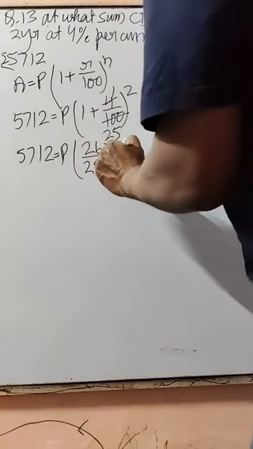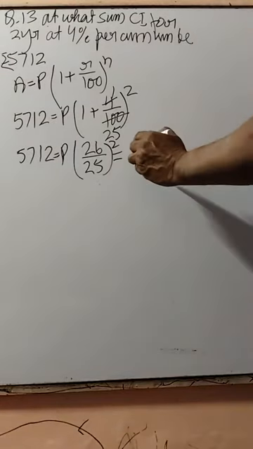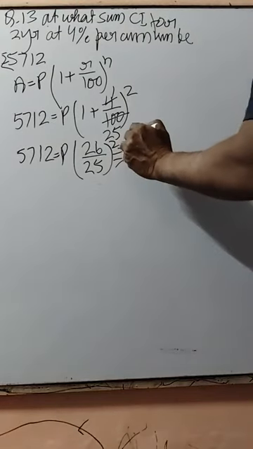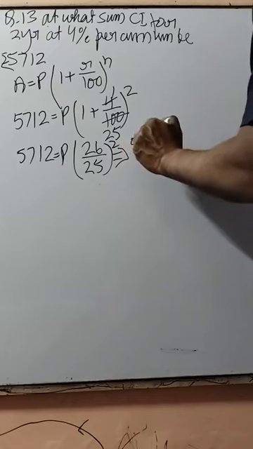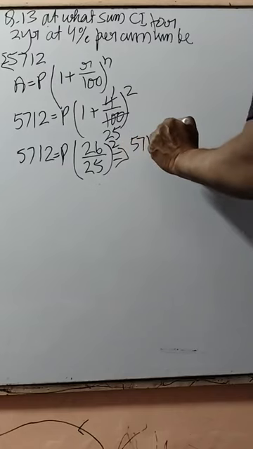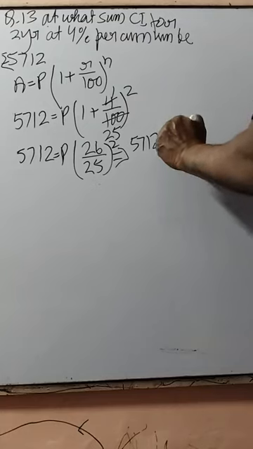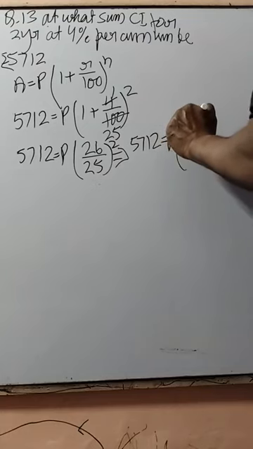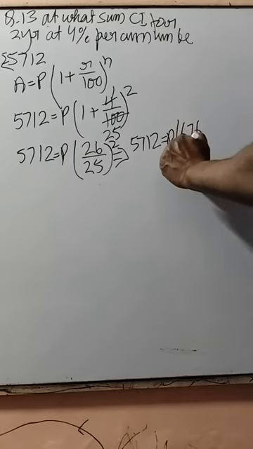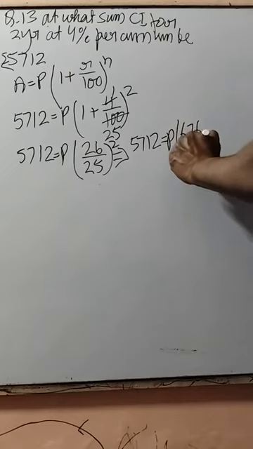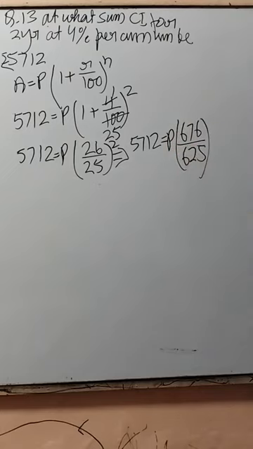Now we can write 5,712 is equal to P bracket 676 upon 625. Is this so? Yes, sir.